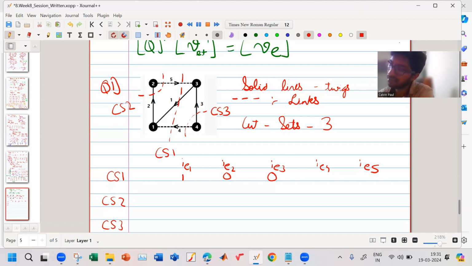So considering it like that, yes, sir. And what about for 2 to 3, 4, 5? It is also coming into the cut set, no? No, sir. So, sir, always take the direction of the twigs. For cut set 1, 1 is going out of the cut set, right?